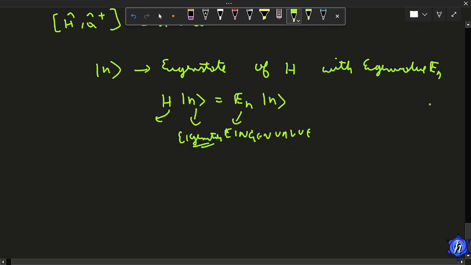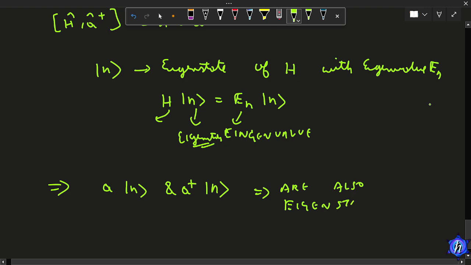So this implies that the states A|n⟩ and A†|n⟩ are also eigenstates. This is one of the fun exercises that we did, and this gave us the result back.